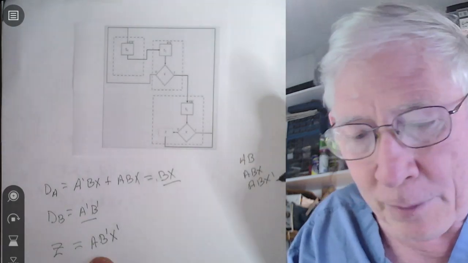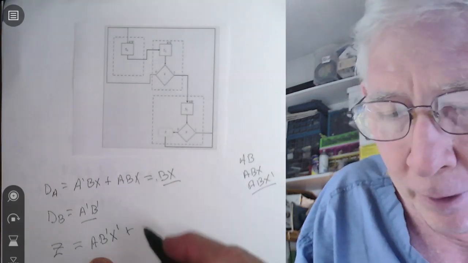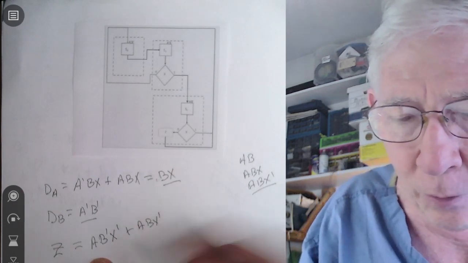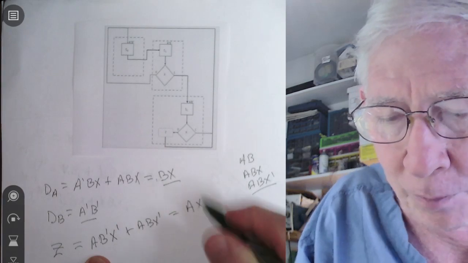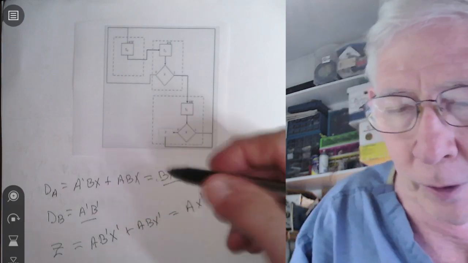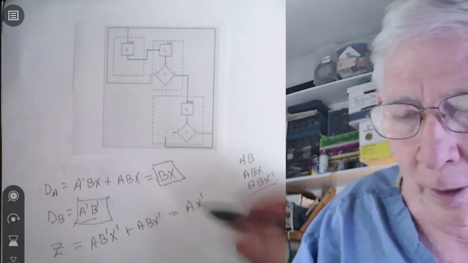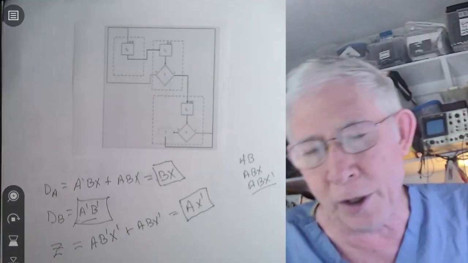ABX prime and ABX? Yes. We can use this one, and we can say plus ABX prime. And that would then give us, that's equal to AX prime. So that's our D sub A, that's our D sub B, and this is our Mealy output Z, AX prime.